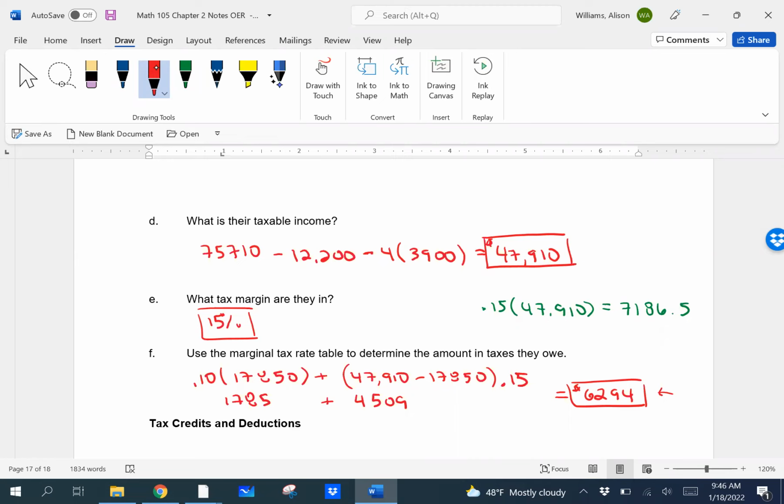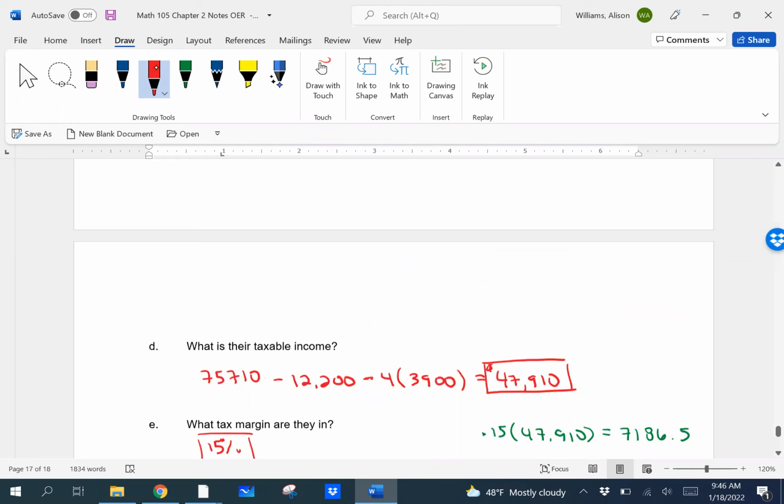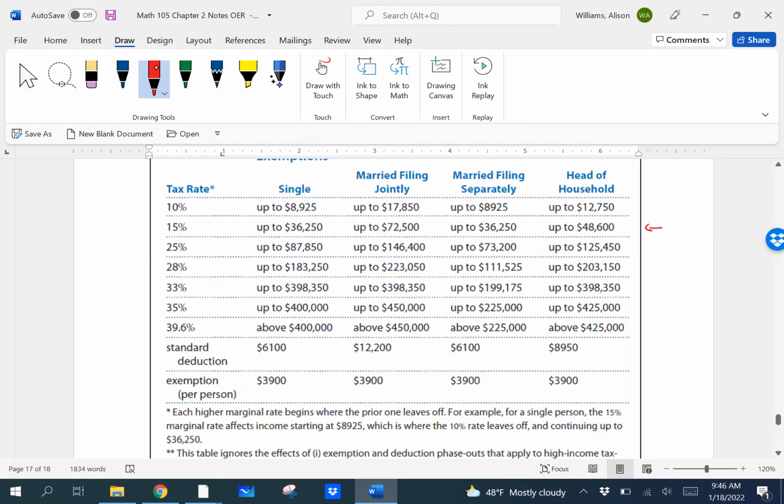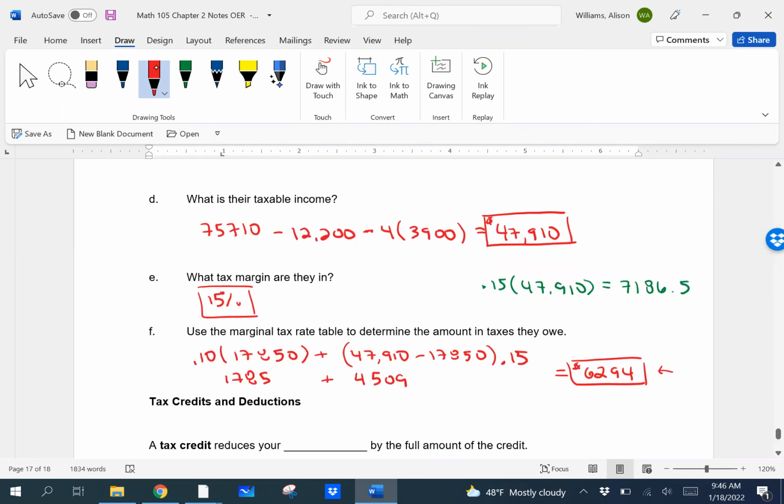Everything beyond the 10% row, you will then pay 15% on, and anything beyond the 15% row, you would pay 25% on. So we gradually raise the taxes, and that allows you to not be paying as much. As you can see, if we just did 15%, you would be paying significantly more, $900 more in taxes. But by doing this kind of slow ranking, we allow it to be a little bit less.